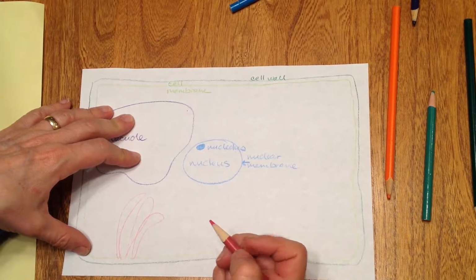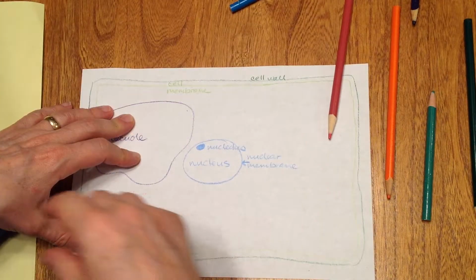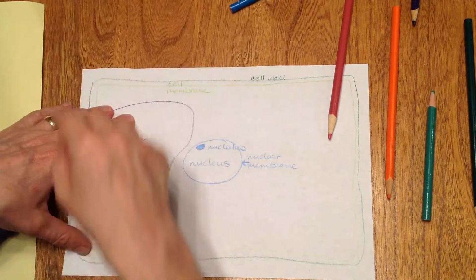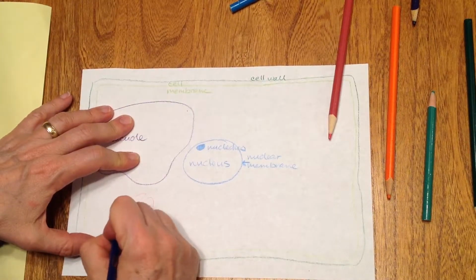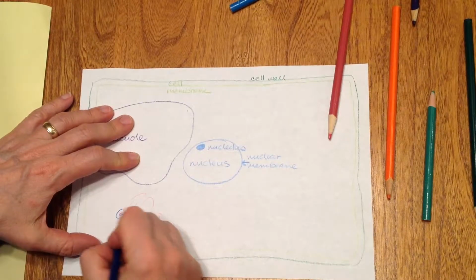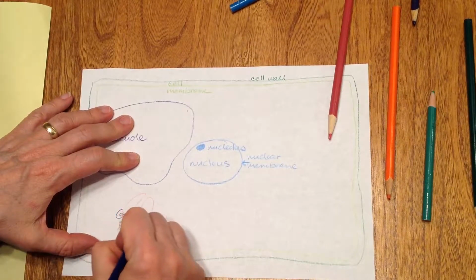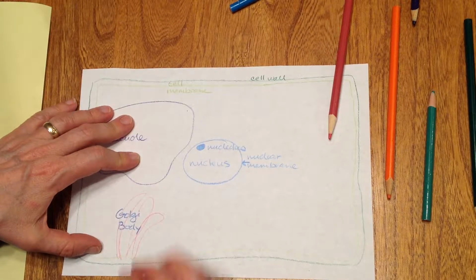There's just a bunch of tubes is what they are. And then rather than write in pink, I'm going to write Golgi. You can call it Golgi body or a Golgi apparatus. I think your book calls it apparatus. I learned it body, so we'll just go with that. That's good too.